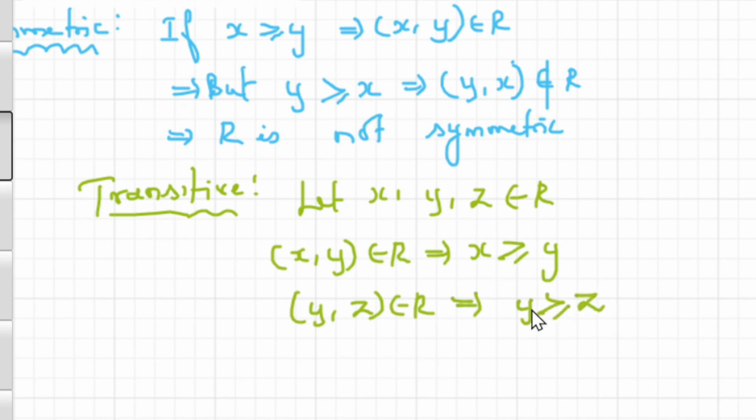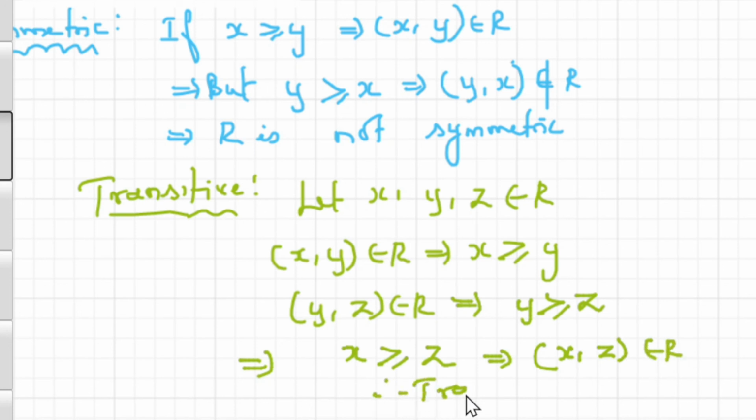So if we compare these two, x is greater than y and y is greater than z, automatically it is clear. This implies x is greater than or equal to z. Therefore, x comma z belongs to R and therefore it is transitive.